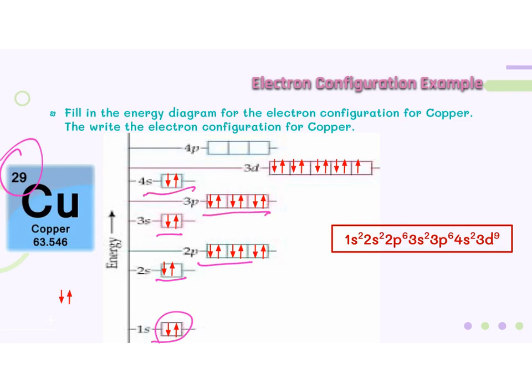Then I filled my 4s because the 4s has less energy than the 3d orbitals. And when I did that, I was left with 3d9. I filled every part of the 3d except for that last box. So the electron configuration for copper is 1s2, 2s2, 2p6, 3s2, 3p6, 4s2, 3d9.